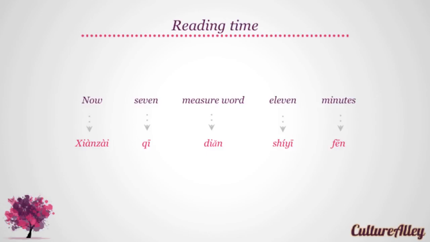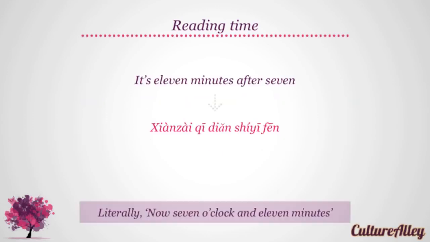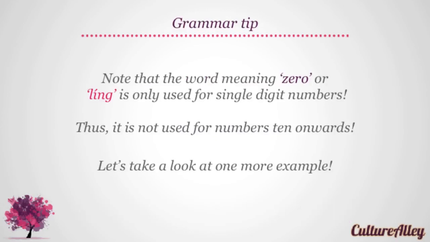And finally, minutes will be 分. Thus, it's 11 minutes after 7 will become 现在7:11分. Literally meaning, now, 7 o'clock and 11 minutes.